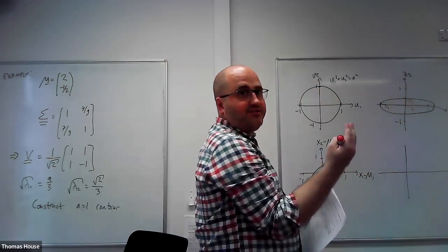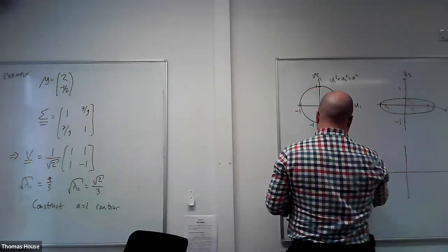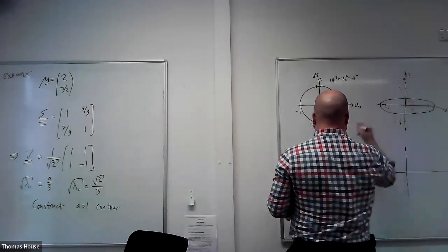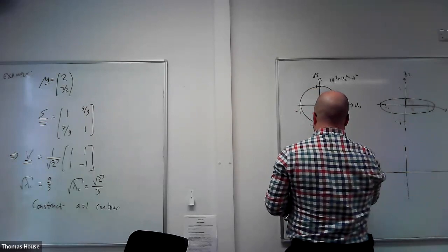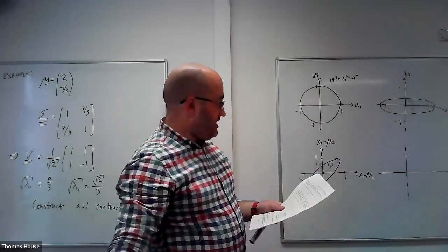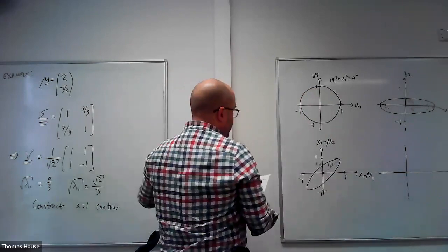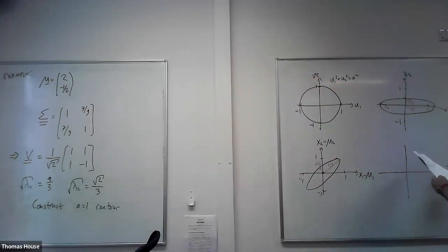That's why we didn't specify that the minuses have to go a certain way. But because this is length preserving, this axis here is still 4/3, and this one is still √2/3. And then finally, there's a shift by the mean, which is going to take the contour to over here. So the final contour will look like that.